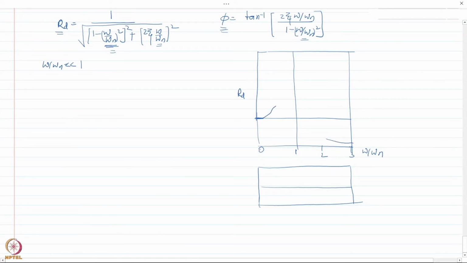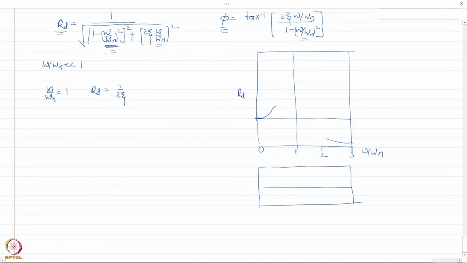For the undamped system, we saw that the value was unbounded at omega by omega n equal to 1. However, in this case, when omega by omega n equal to 1, my RD is not infinity anymore, it is not unbounded anymore, it is actually 1 by 2 zeta. You can substitute here, so I would get a different expression for RD depending upon the value of zeta.